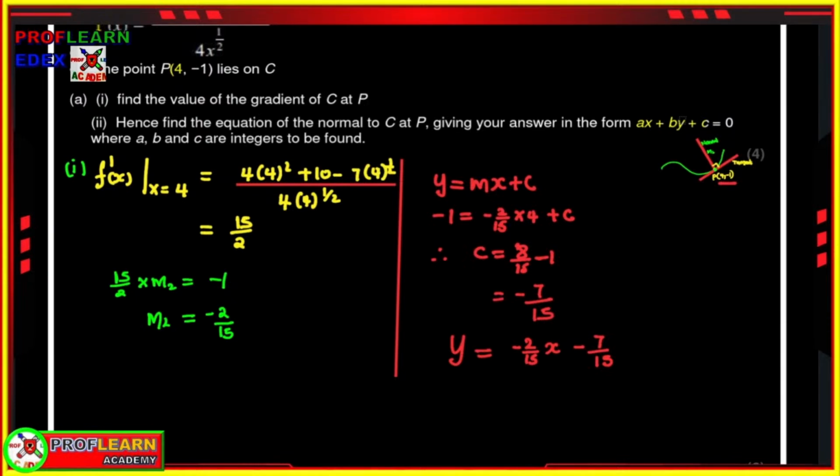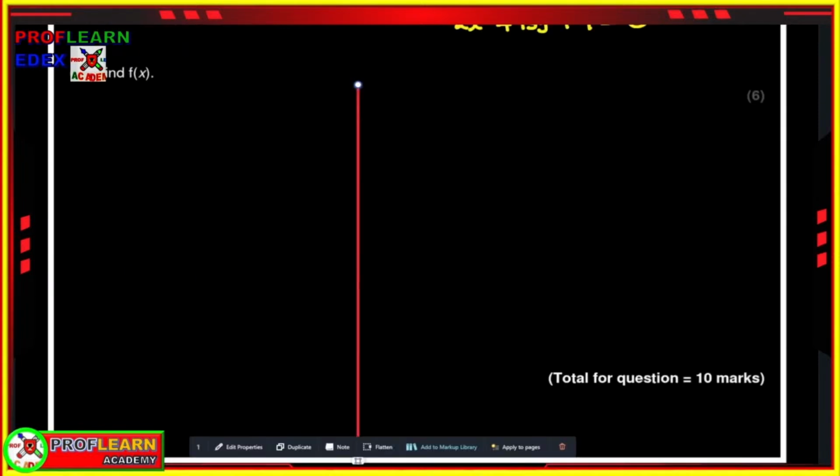But remember, the equation of the line that we were to find has the form ax plus by plus c equals 0, so you cannot leave your answer here. Be very keen on how answers are supposed to be stated as far as your exam question is concerned. So here we are going to multiply by 15 all through, and this is the correct format that we were supposed to get.